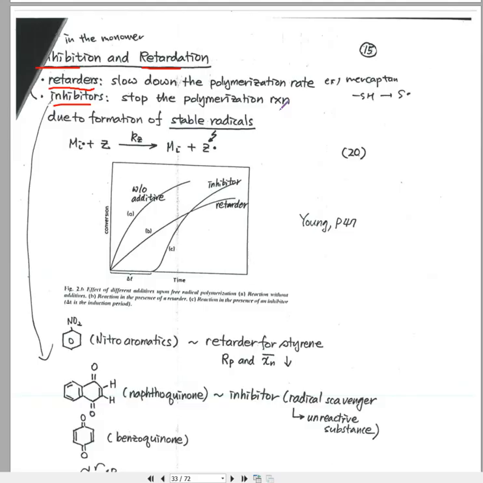The mechanism is very simple. A representative retarder is mercaptan, which has the SH group.